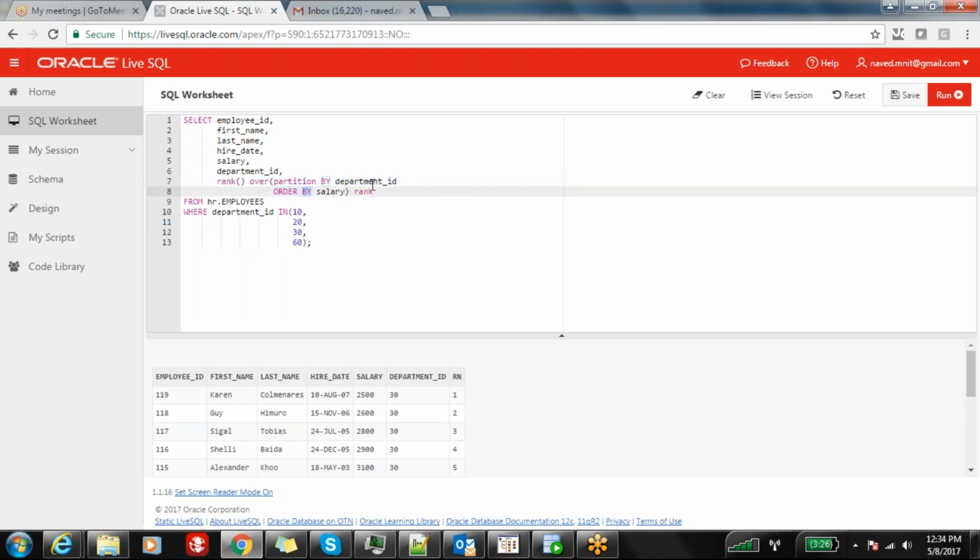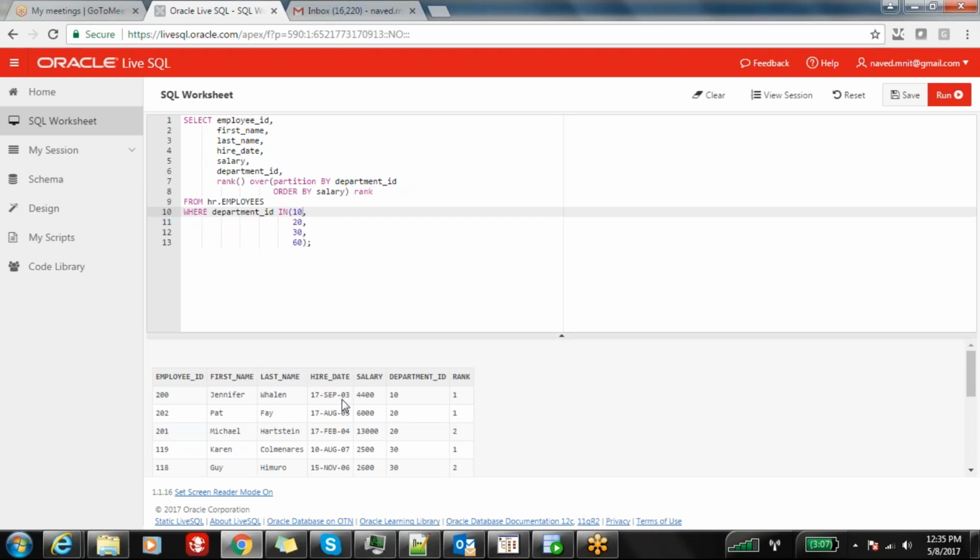The partition by clause is used to partition the rows based on the column or value available after this clause. The order by clause is going to order or sort all the rows in one partition based on the salary. So let's execute this SQL query and try to understand its output.